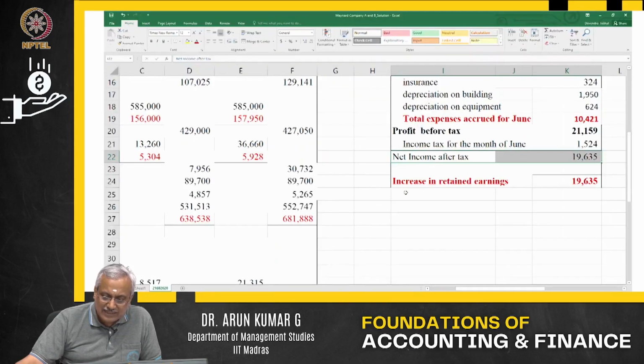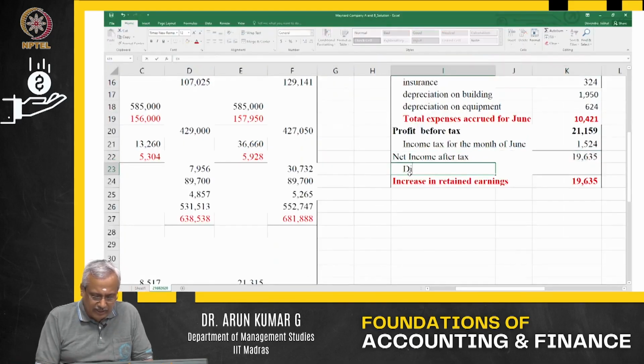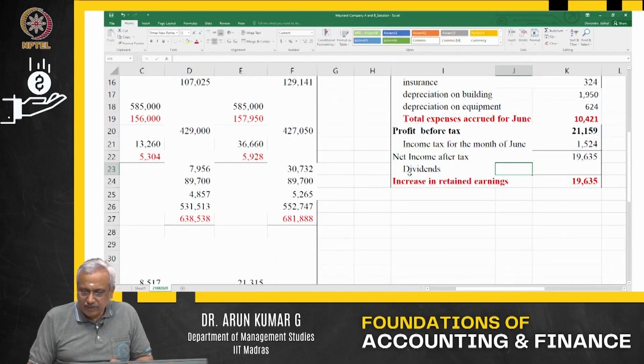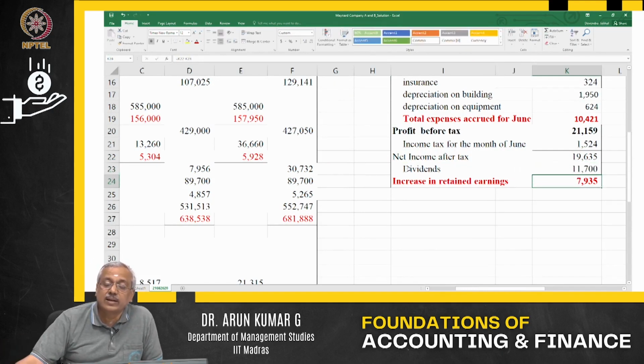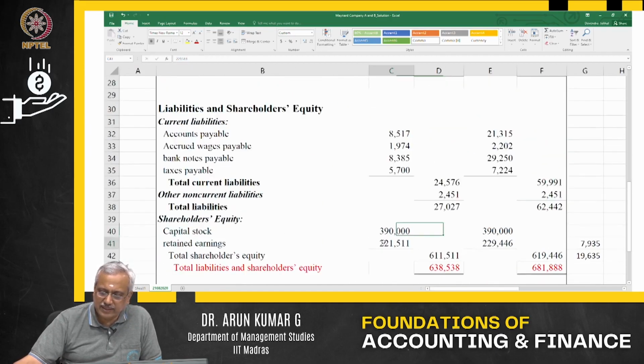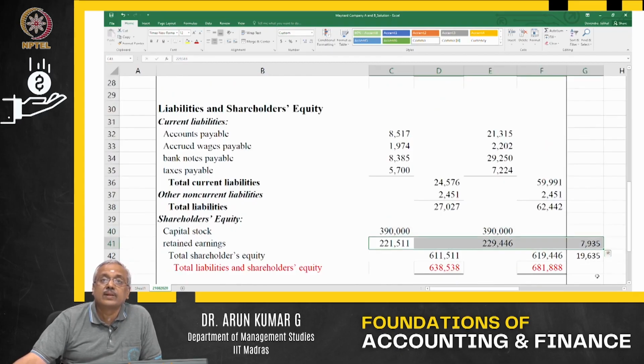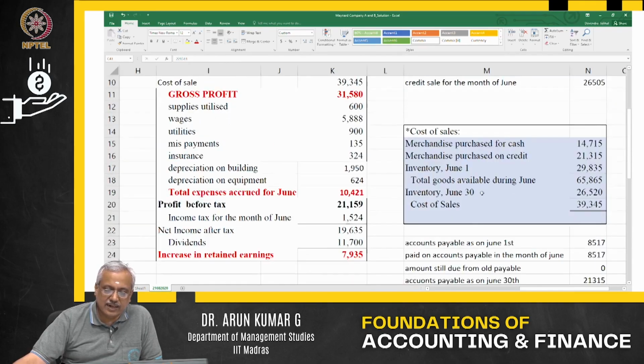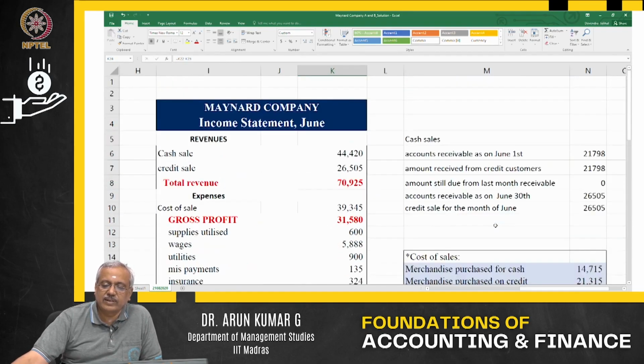So there is a dividend from the profit, 11,700. So what is the increase in retained earnings? 7,935, and that's exactly what we saw here, increase in retained earnings. That's exactly the amount that we have arrived at.